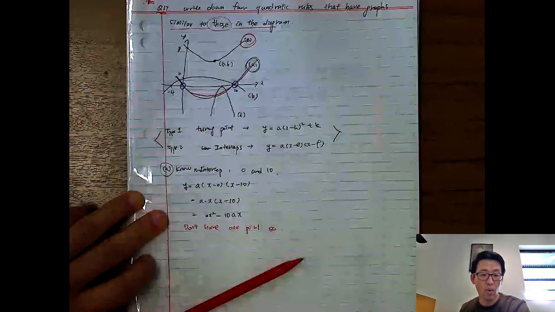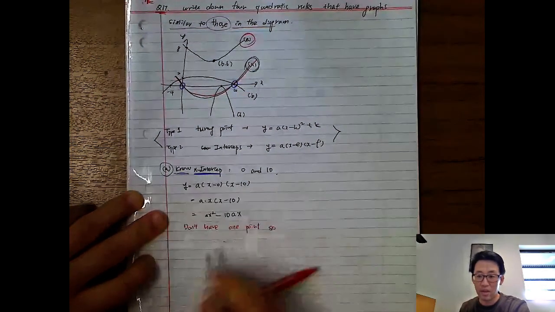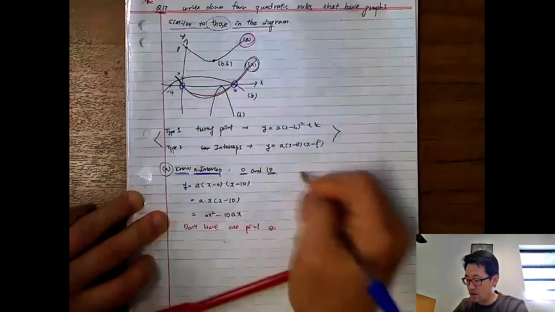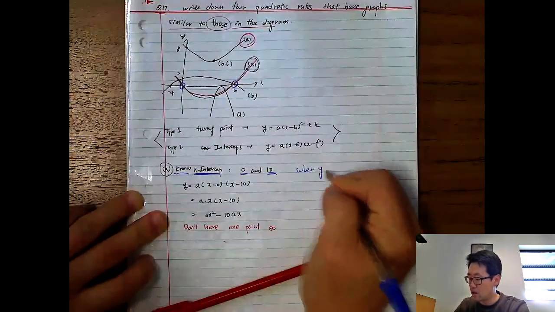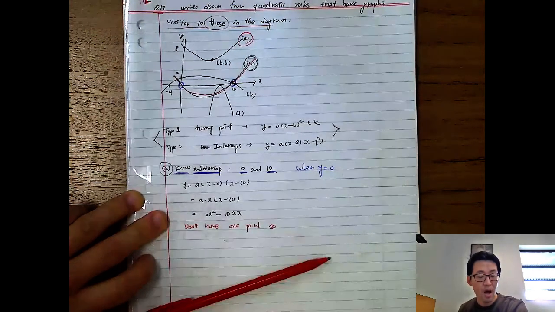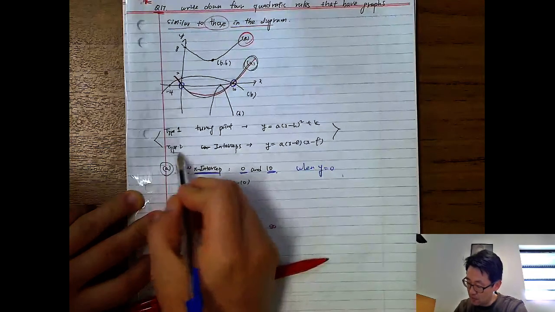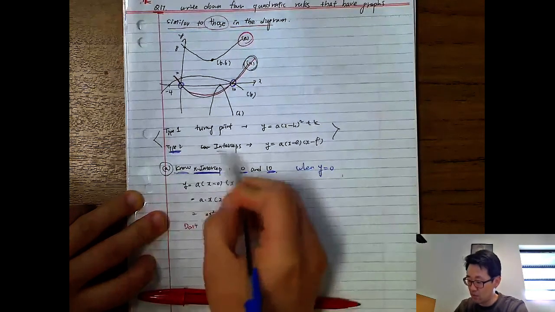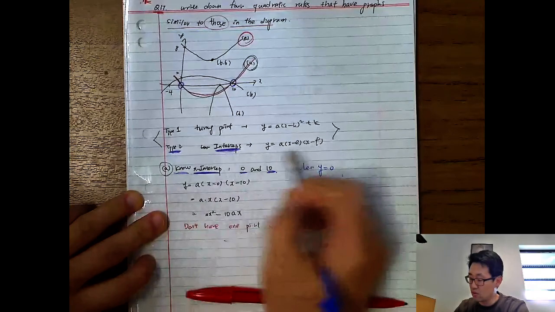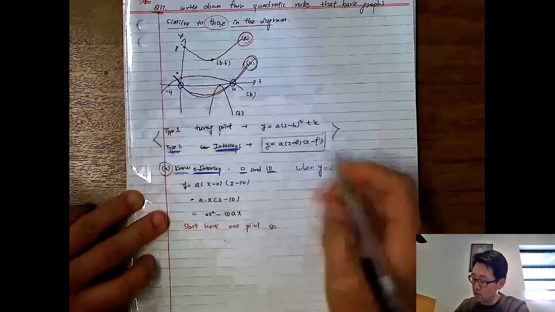X-intercept when y equals 0, we know x-intercept is 0 and 10 when y equals 0. That's why it's intercept anyway. Yep. Out of it, this is the second type there. Oh, intercept, when we know this. Yeah. So use that formula.